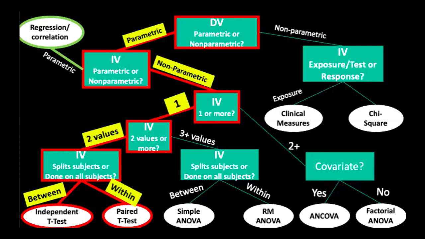So oftentimes when we work in a t-test, we're only going to have one independent variable that's non-parametric, and it's only going to have two values or two classifications, two categories, two groupings, whatever sticks with you, okay?